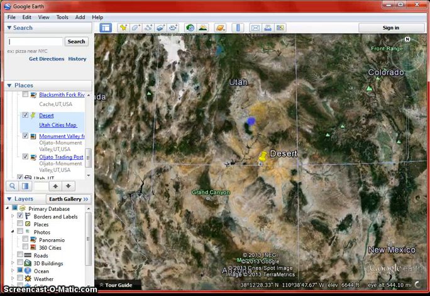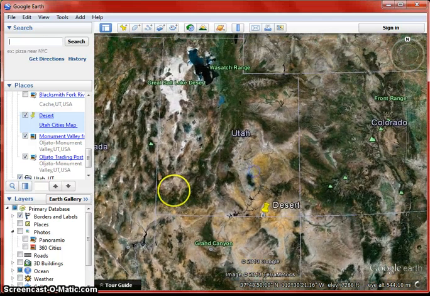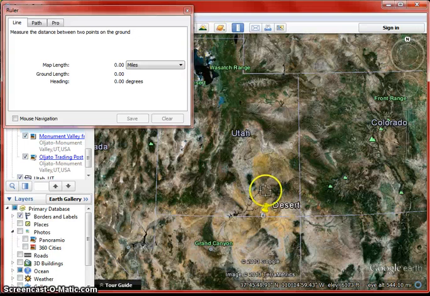Okay, so we have the state of Utah right here, and here is the southwest corner, and then we have this like central east right here. So what I would have students do now is take their ruler and measure from about where the pinpoint is up to this middle part right here where Interstate 70 is, which is about 140 miles.